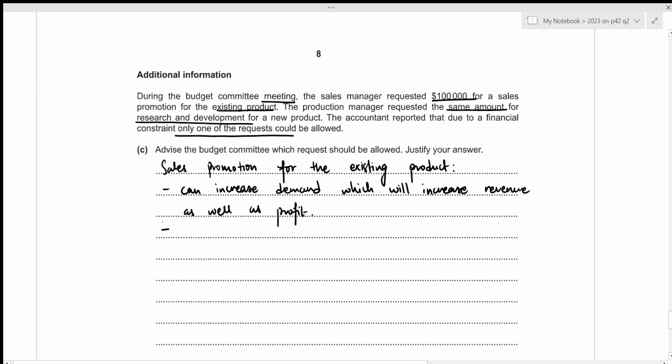Similarly, this sales promotion can also promote the reputation of the company associated with that particular existing product. So can promote the reputation of the company associated with the product.